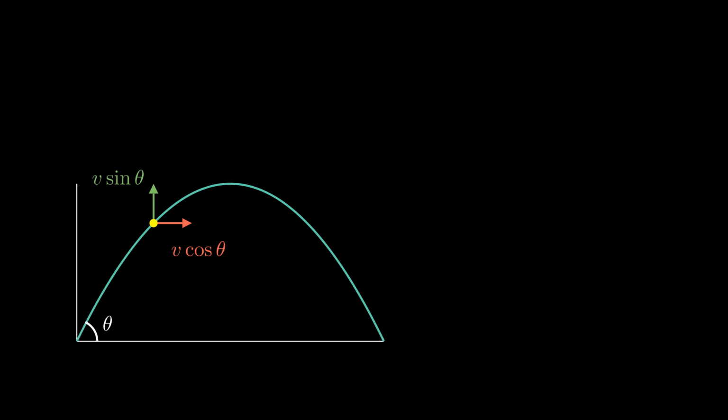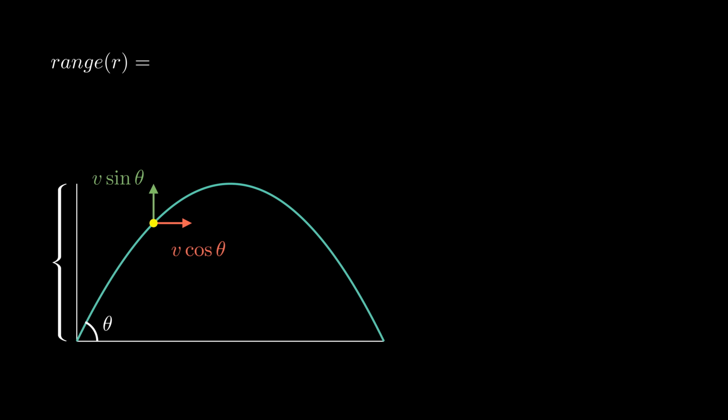Now that we understand the concepts, we can work through the math very easily. So, first things first, why is this path a parabola? To answer that, we will have to get the relation between the horizontal range and vertical height. So first, let's write the equation of horizontal range.